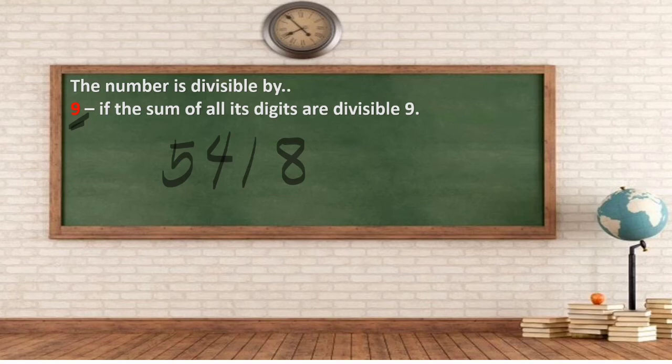If we add all the digits, 5 plus 4 plus 1 plus 8 is equal to 18. This is divisible by 9. So 5,418 is divisible by 9.